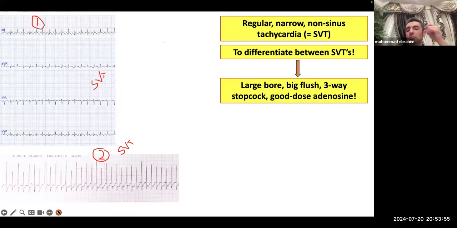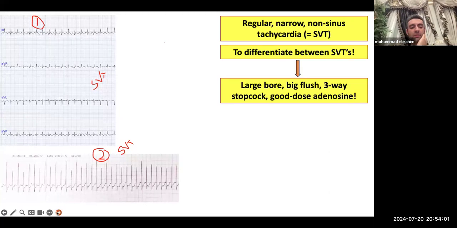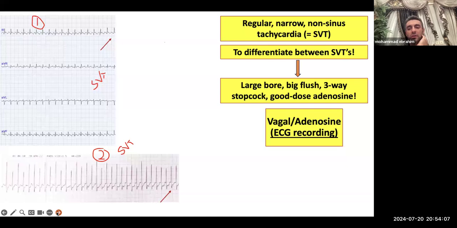Usually what I do is adenosine, especially if there's already IV access. Say we gave adenosine in this case. This is very important: you have to do ECG recording during adenosine.